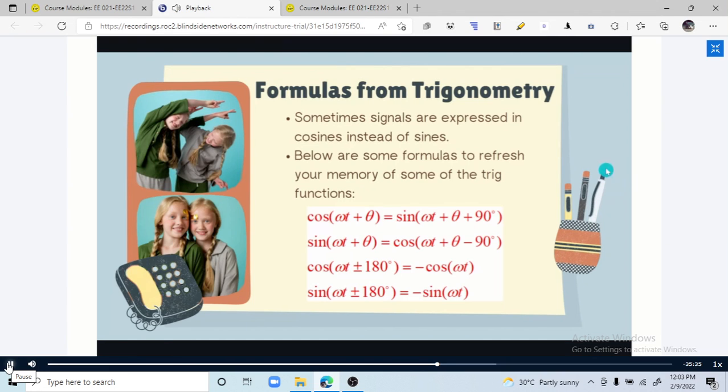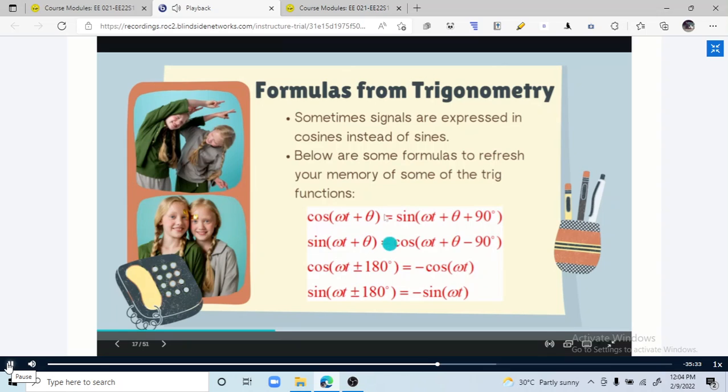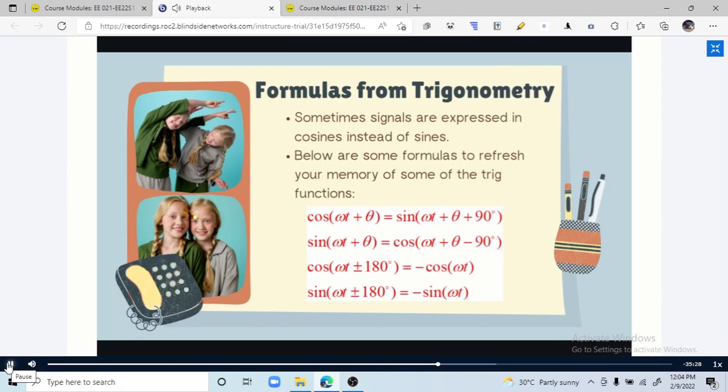So of course, we have the formulas from trigonometry that we need to remember, because in converting in electrical circuits too, we need to at least memorize how to convert cosine to sine, sine to cosine. Every representation depends on what we call the convention.